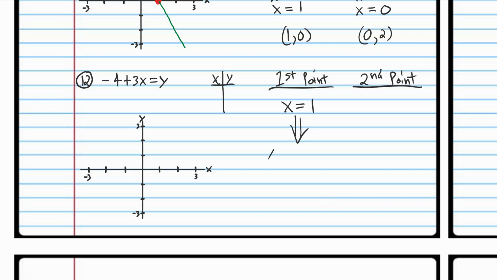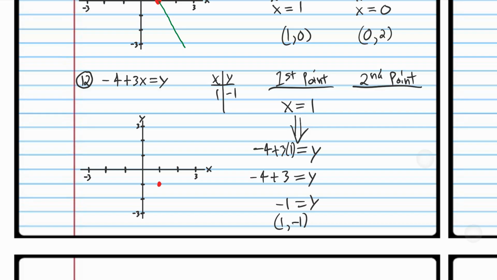And if x equals 1, then y is equal to -4 plus 3 times 1. Remember, when a letter and a number are next to each other, that means multiplication. So then y is equal to 3 times 1 is 3. And -4 plus 3 is -1. So the coordinate is 1, -1. Which is here.